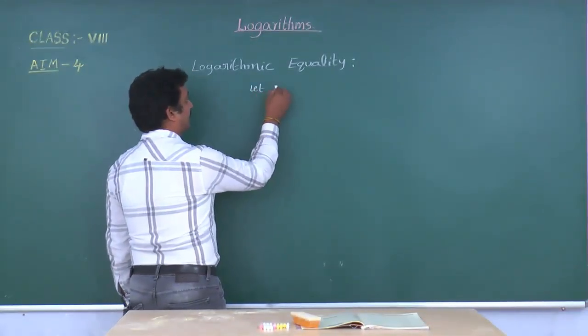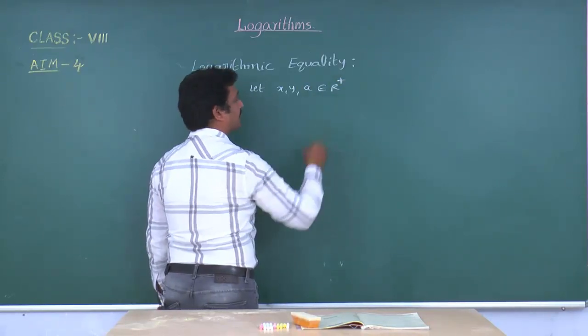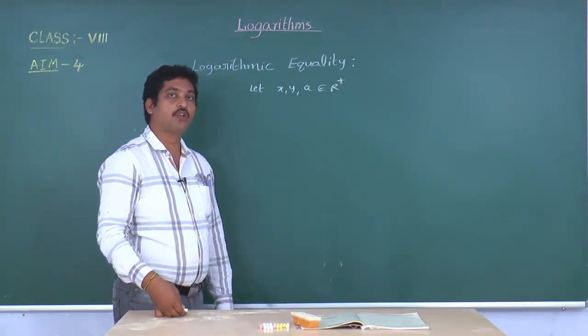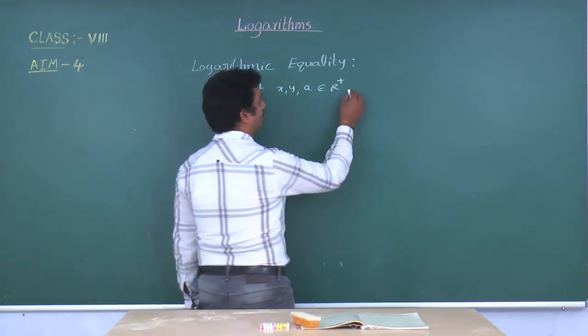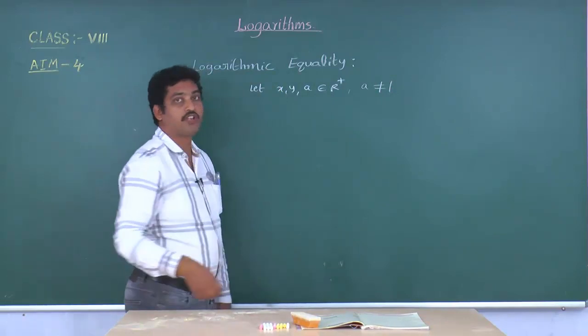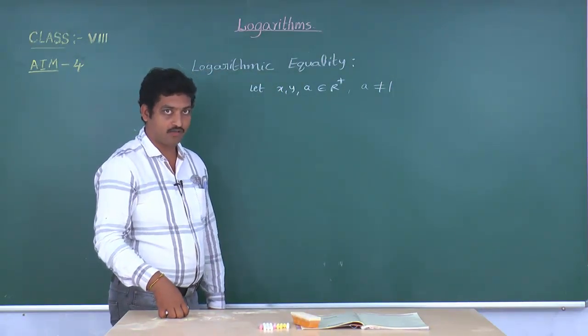Let x, y, a belong to R plus, that means all are positive real numbers, and also a not equal to 1, because I am going to take a as the base of the logarithm. That's why a not equal to 1.